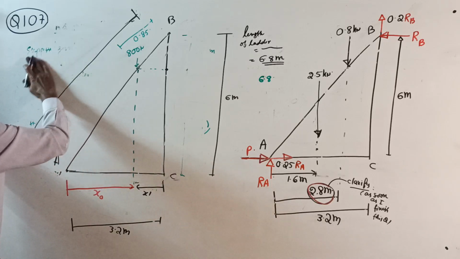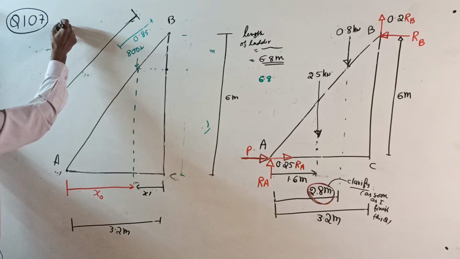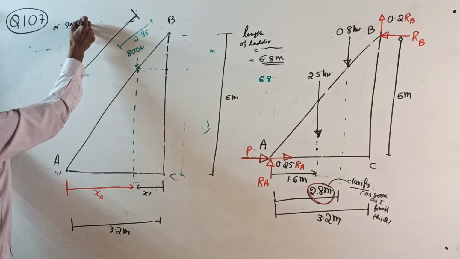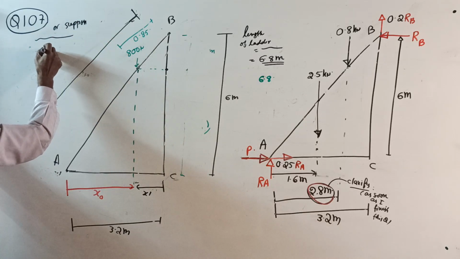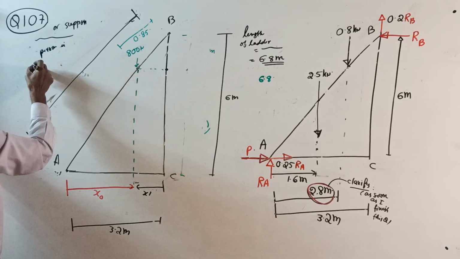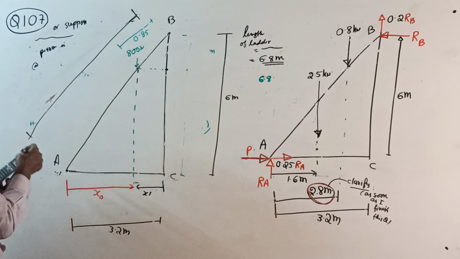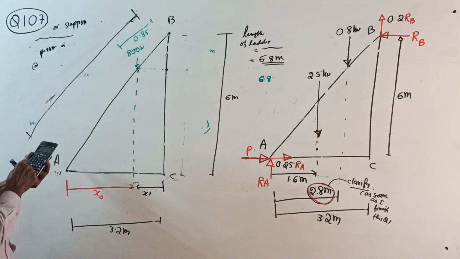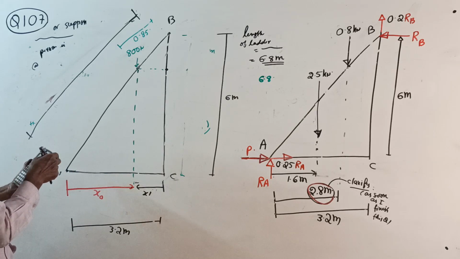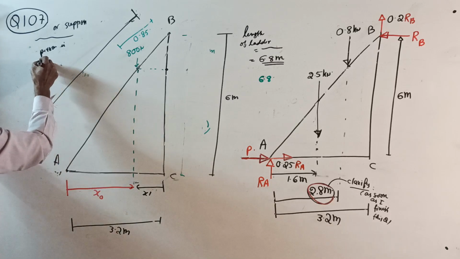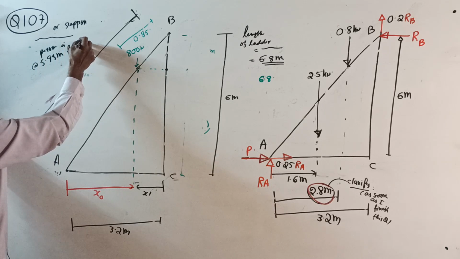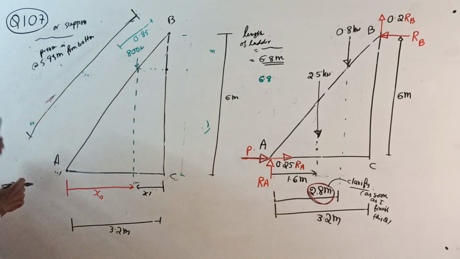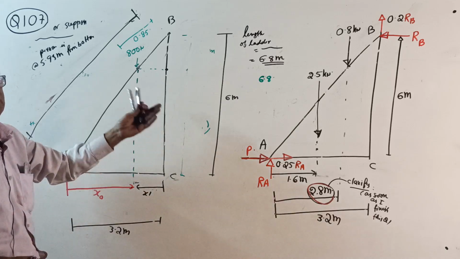Or suppose in the question they give that the person is at 5.95 meter from the bottom. Then a doubt comes: how 5.95? Height wise or length wise?